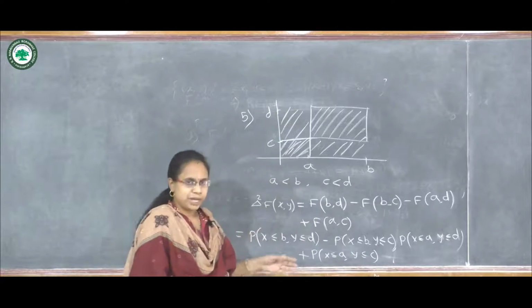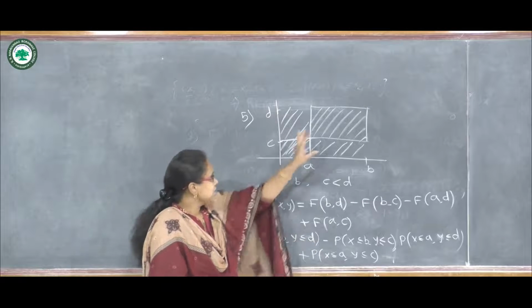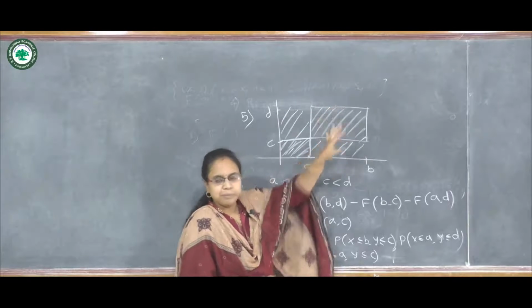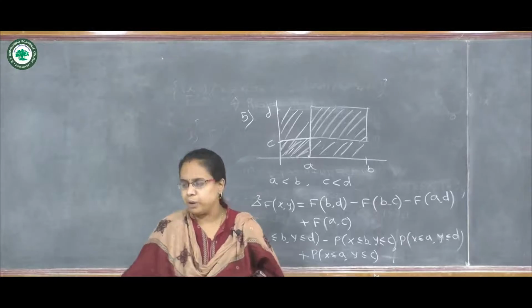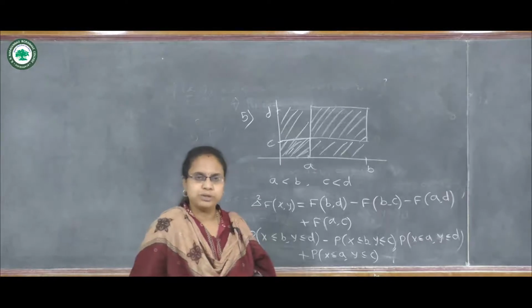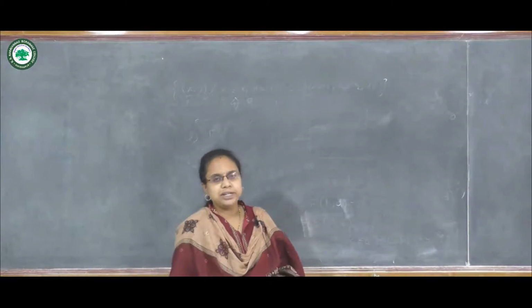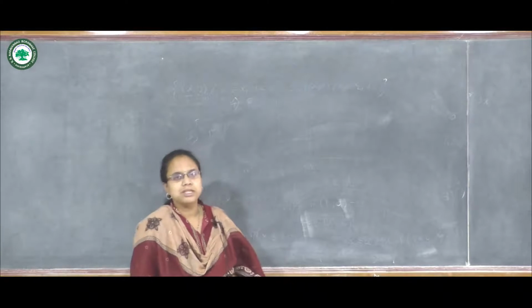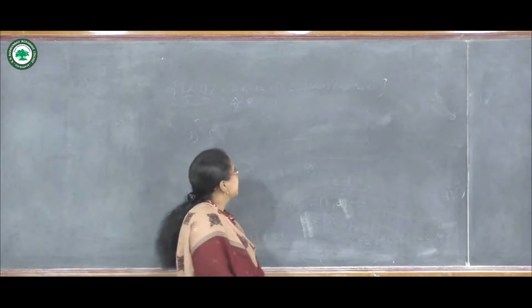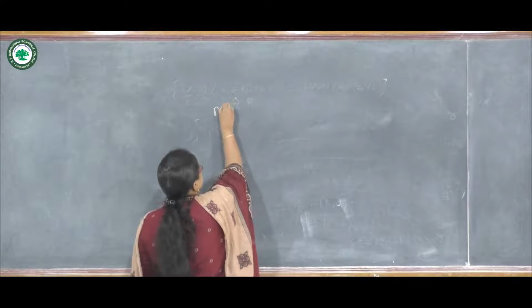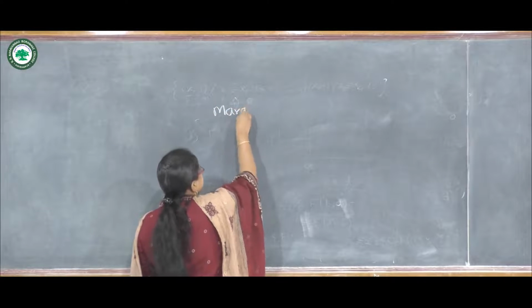So in this way we can find out this interested area. So this is the fifth property of the distribution function. So we are studying the bivariate distributions, and sometimes we are expected to calculate the marginal distribution.